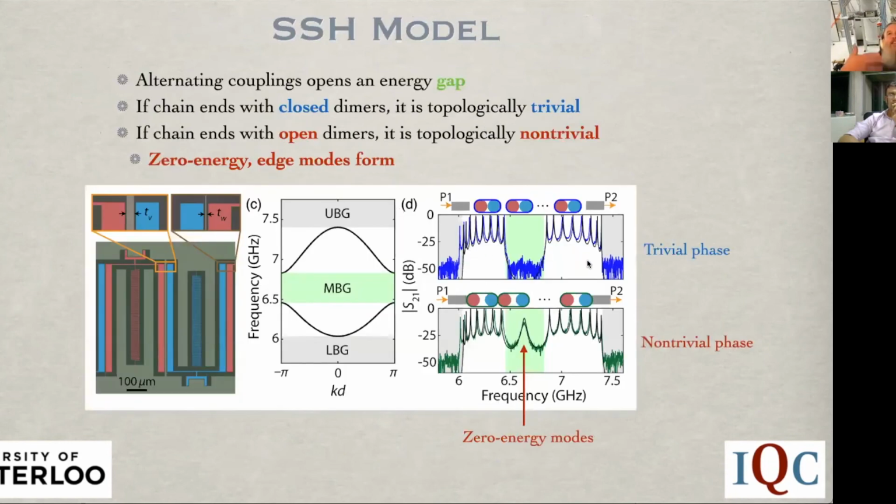Yes, they have 12 in this experiment, I think. 12 isn't a thermodynamic system, but you can believe that this is a band, and then there's a band gap here, and you can see the emergence of these zero modes. So again, is it topological or not? That's a bit tenuous, and formally probably not.